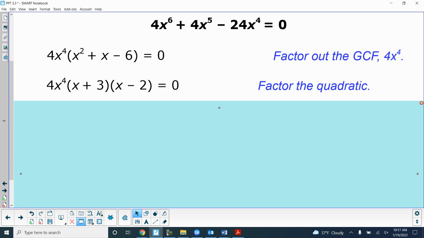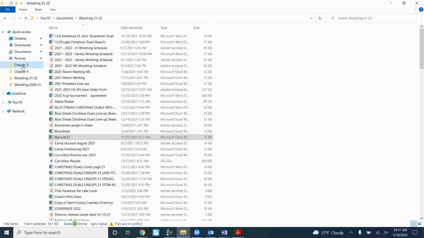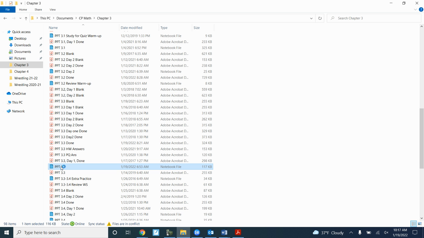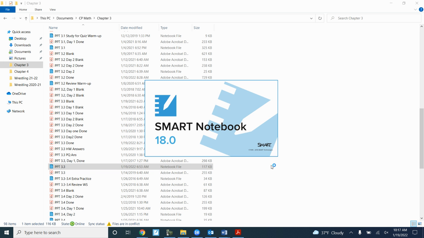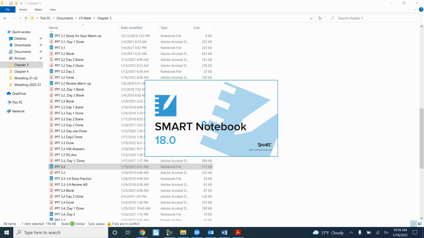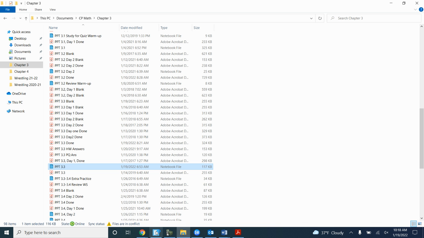We've done a lot of these for quadratics, but these polynomials, we have to... sorry for the technical problems. It's not showing. What's the deal?